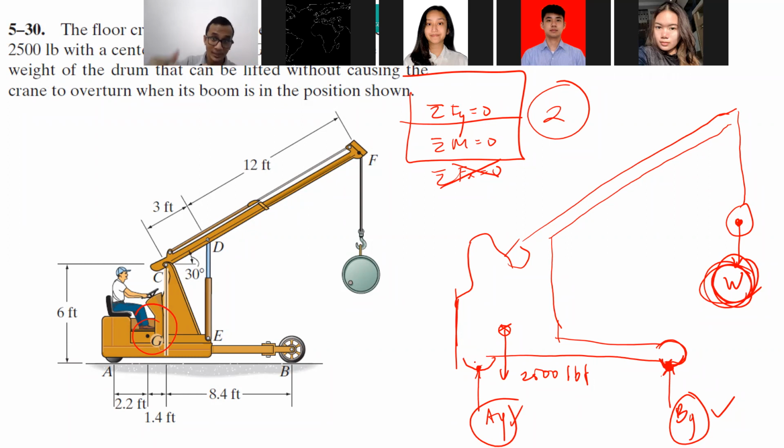Because if you take sigma moment at B, whenever W is getting bigger and bigger, the value of AY will be getting smaller and smaller. And there is one limit condition before it overturns: AY is close to 0.